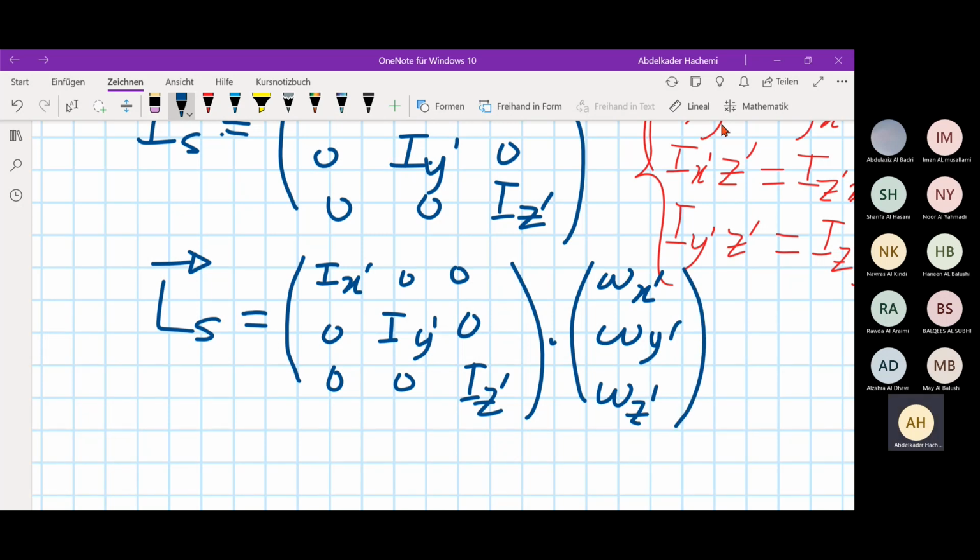Now, if we look at this problem, at the expression of L x prime, y prime, and z prime.